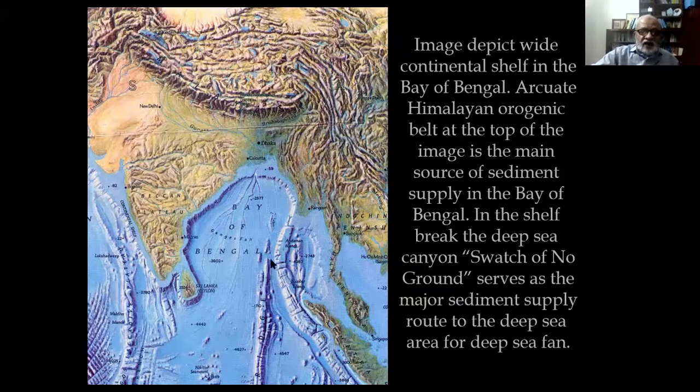You can see here the crust which has opened up, newly formed crust from below. It has helped to open and move the Bay of Bengal and to form the Bengal deep sea fan.